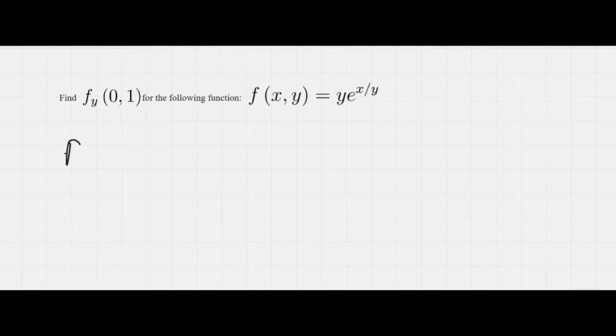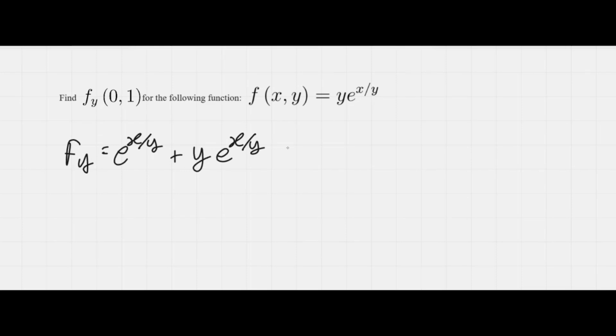So, first we have to differentiate the first term, which is just going to be y, and the derivative of y is just 1, and so hence we can write e to the x over y. And then for the second term, we can keep the y because of the product rule, and then we also have to differentiate e to the power of x over y, which is just e to the power of x over y.